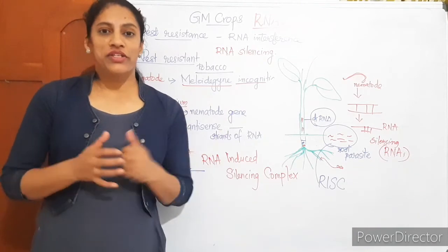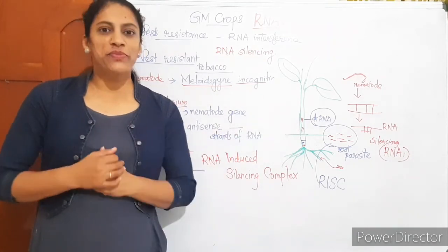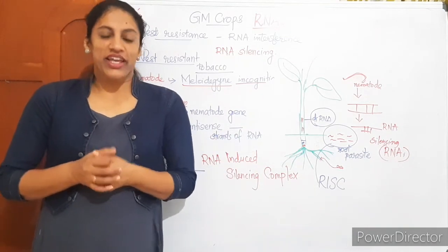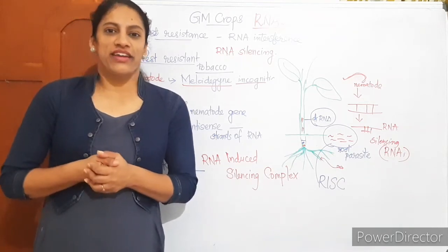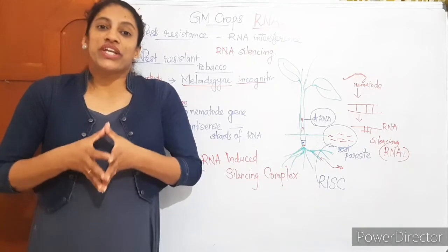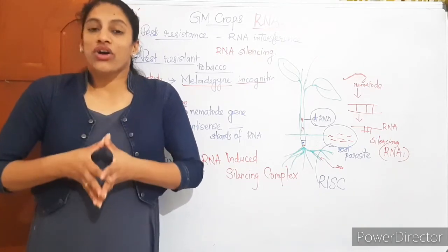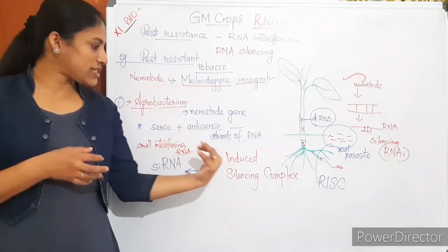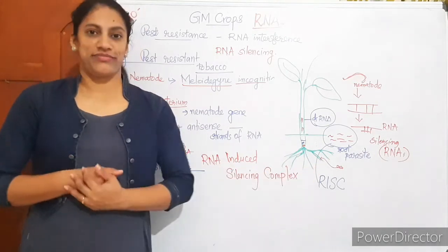How does this antibody act here? Our antibody here is the double-stranded RNA. How does this double-stranded RNA act? It will function as a unit, called RNA-induced silencing complex, RISC.